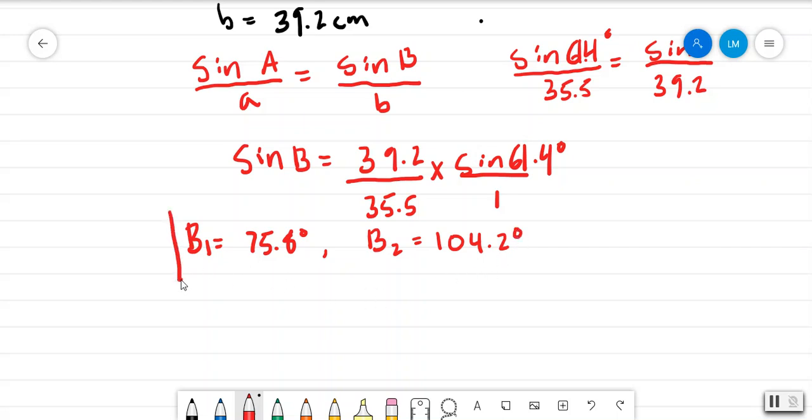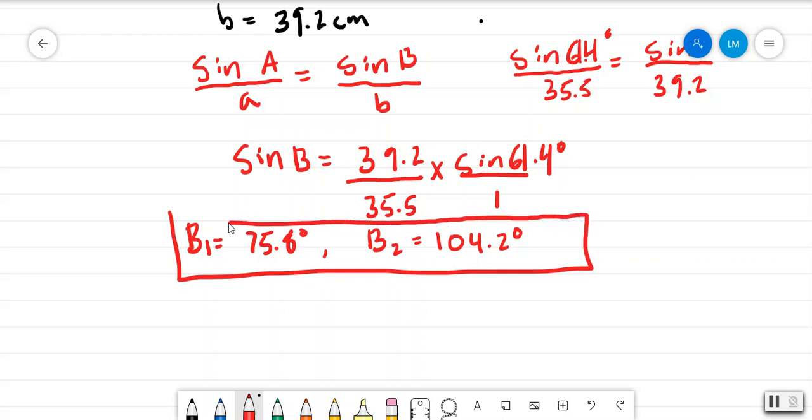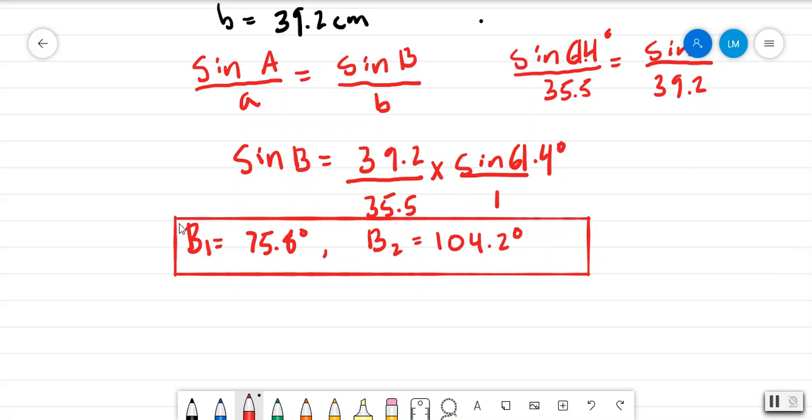But we still need to find the sides C1, C2, and the angles C1, C2 respectively.